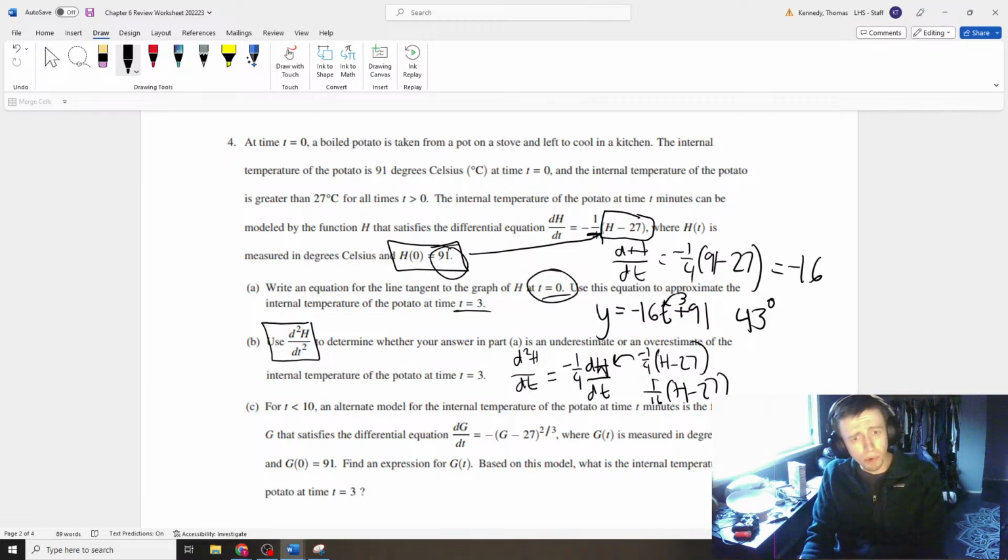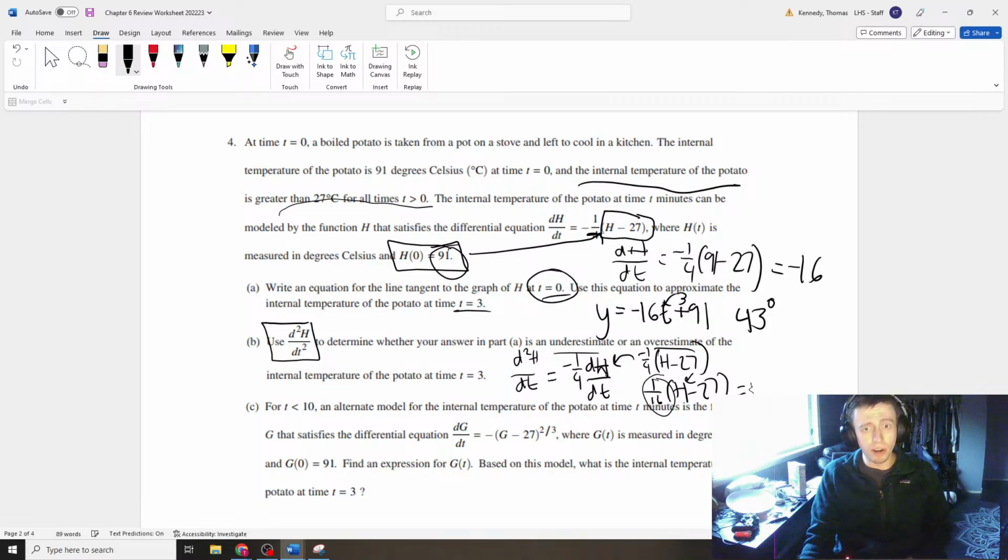So now what I want to do is determine whether it's an underestimate or an overestimate. The problem says the internal temperature of the potato is greater than 27 degrees for all times t greater than 0. So I know that what's inside this parentheses is going to be positive, and the whole thing is positive because there's a positive number out front.